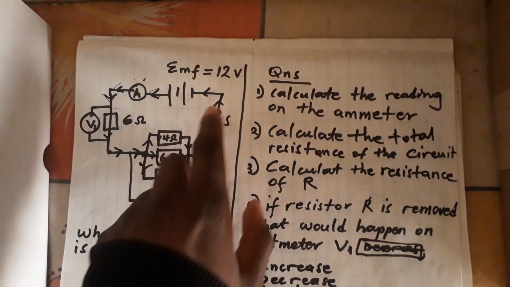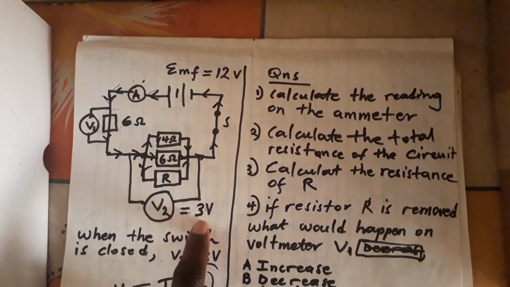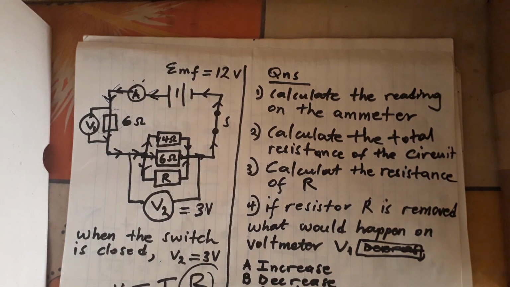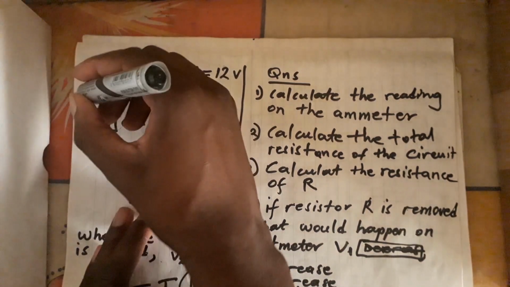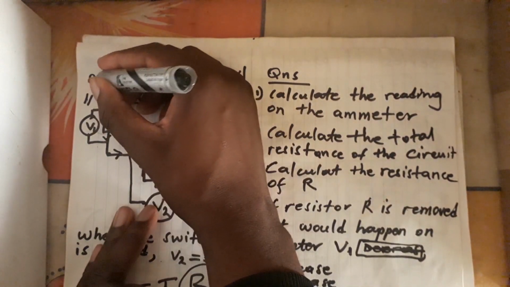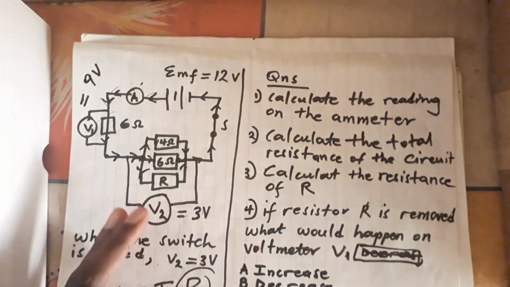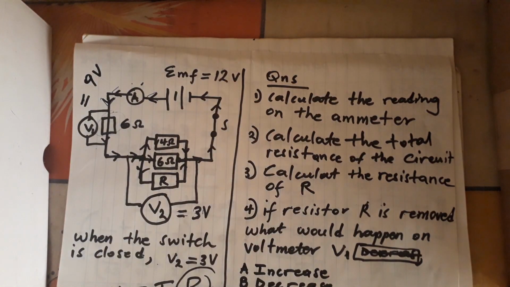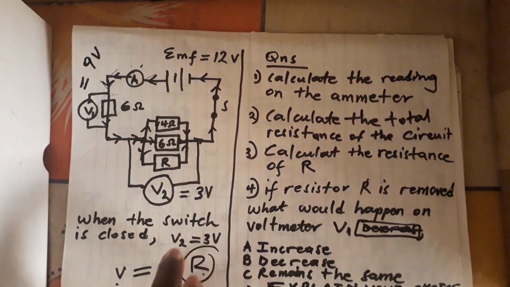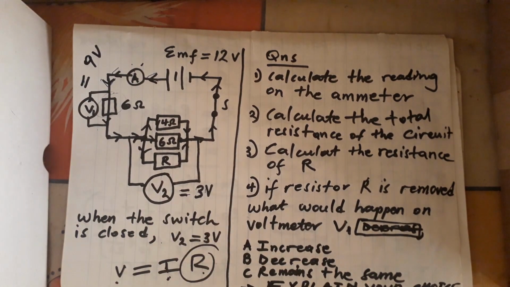So we're gonna say 12 minus 3 volts, and then this is going to give us the potential difference of V1, which is 12 minus 3, which is 9. So this is 9 volts in short. V1 equals 9 volts. V2 equals 3 volts.